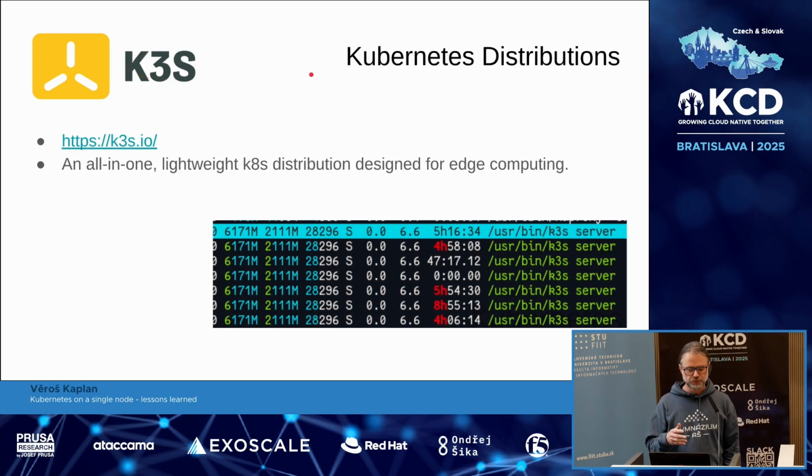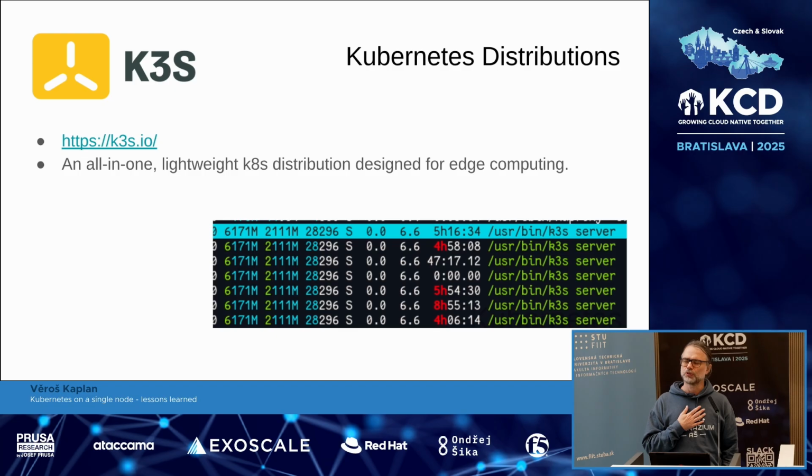At the beginning, we tried to use K3s. It's a really small Kubernetes distribution, targeted at small devices for edge computing. Probably everybody has heard about that. For people who haven't, it's a simple Kubernetes distribution. It doesn't use etcd as storage.